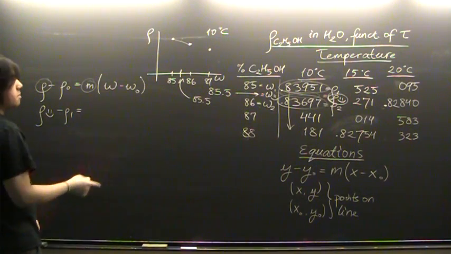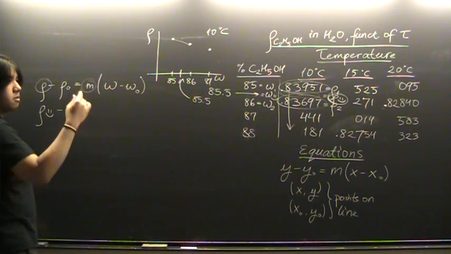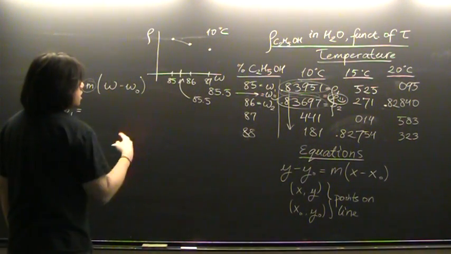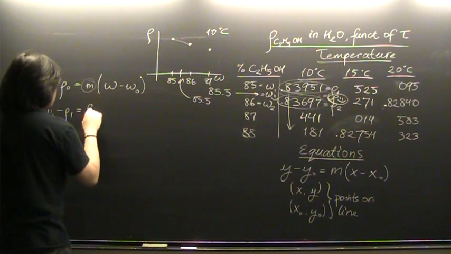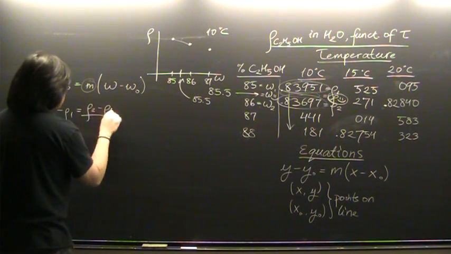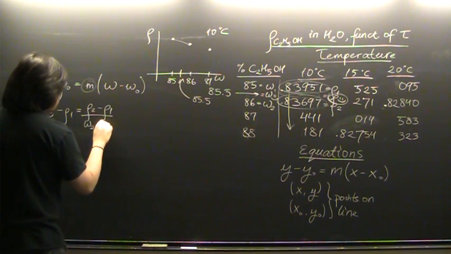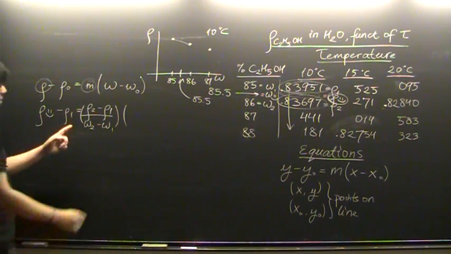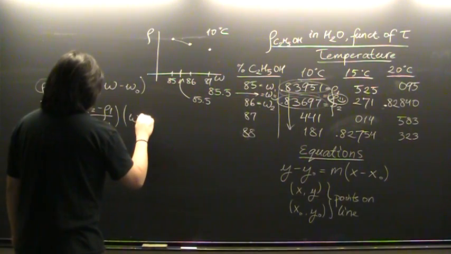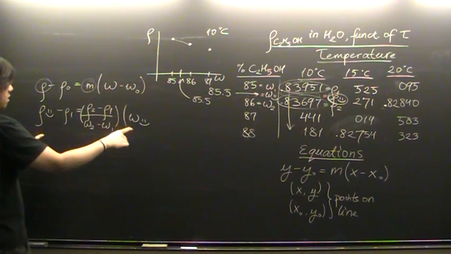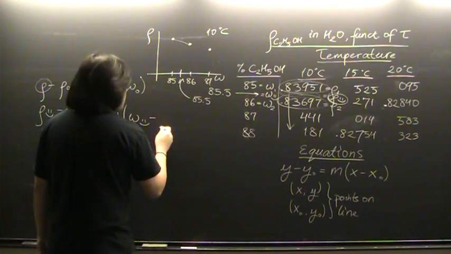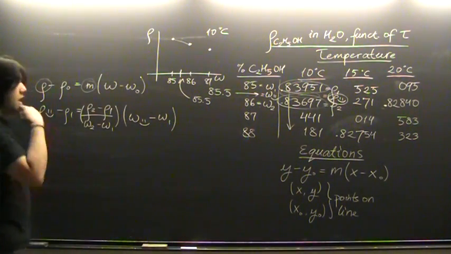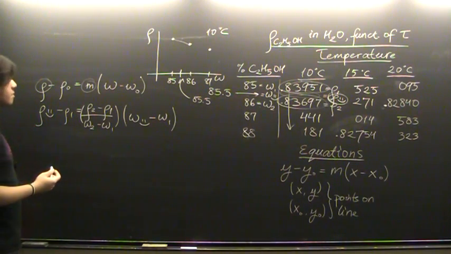Okay, so what's the slope? Slope is going to be the change in rho over the change in w. In this case, rho 2 minus rho 1 over w2 minus w1. The entire thing times inputting the same thing for the corresponding positions, w smiley face minus w1, because we chose that as our point for point slope form.